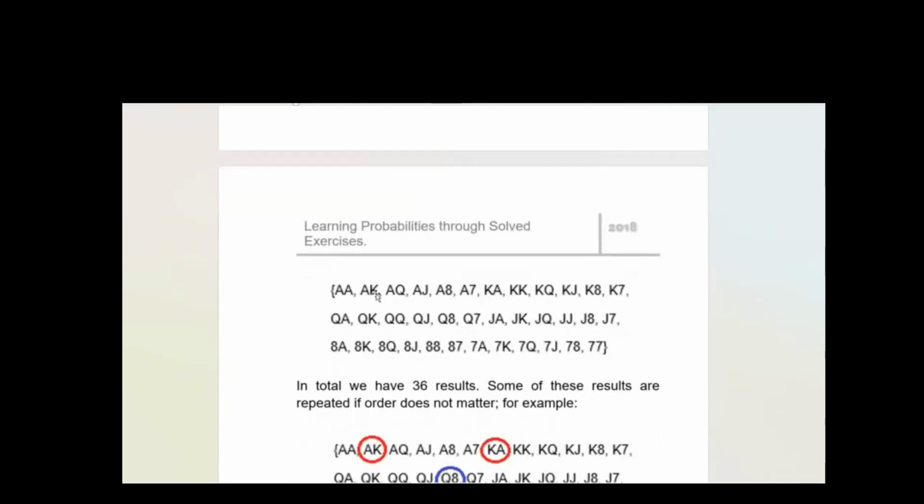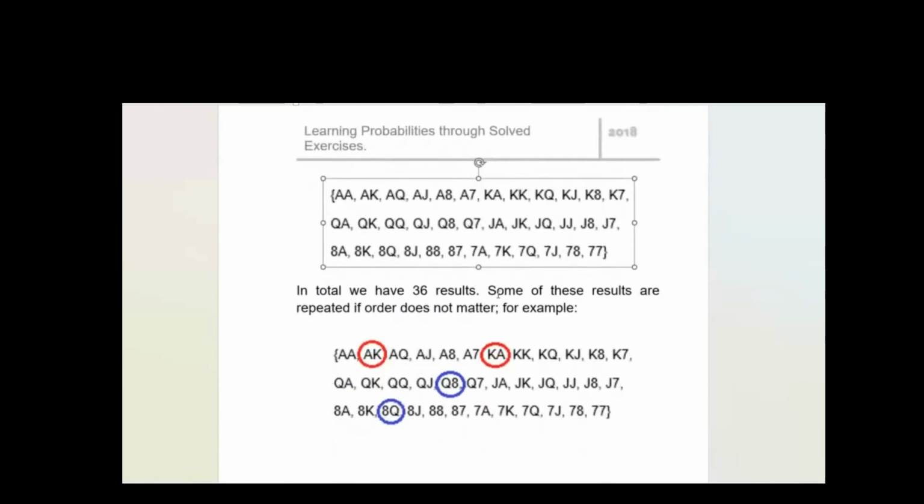As you can see, some of the results are repeated, like, for example, this AK with this one here that is KA. But they are the same only if the order doesn't matter. If the order matters, then they are not repeated, really.